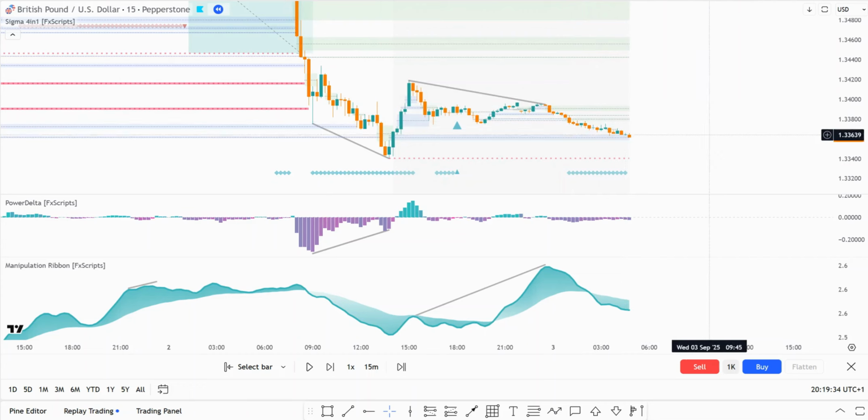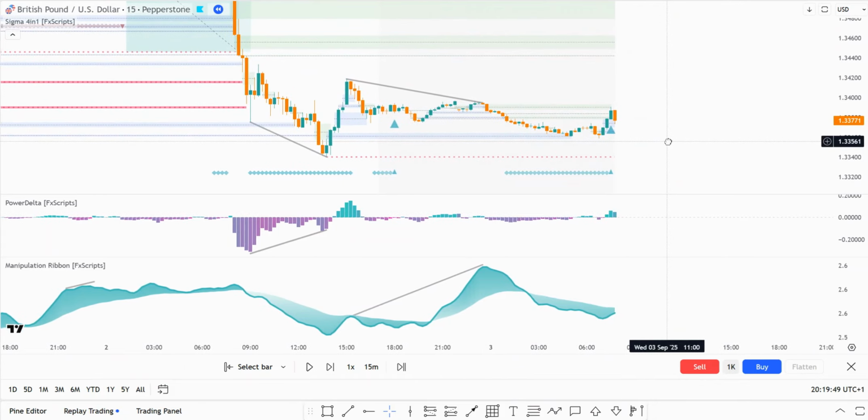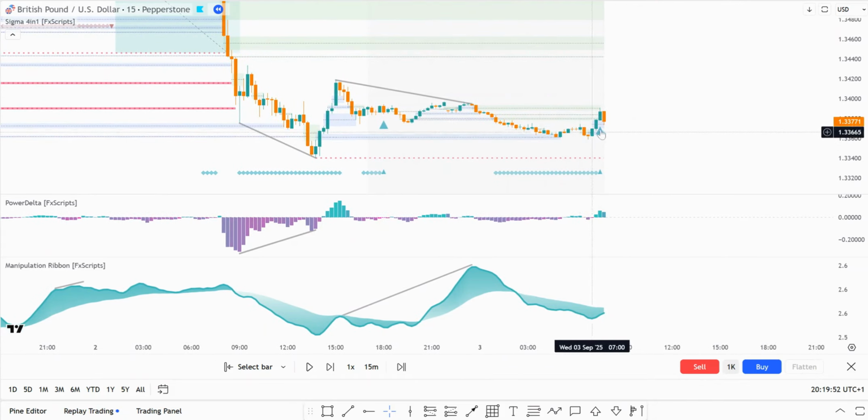If we keep looking at how this pans out, there's another reversal signal, reversal print. Again, there's been no sweep. Ideally, you want to be looking at this level. This is the 4-hour liquidity, and you want to see that swept.